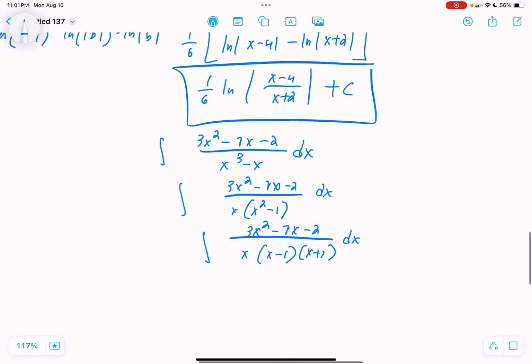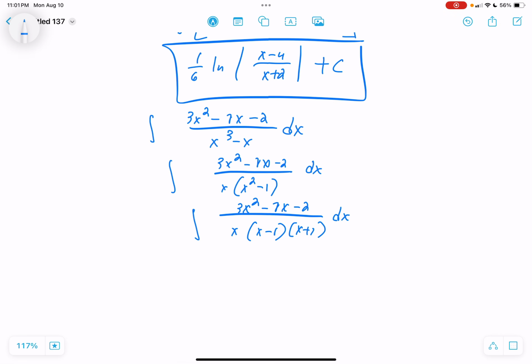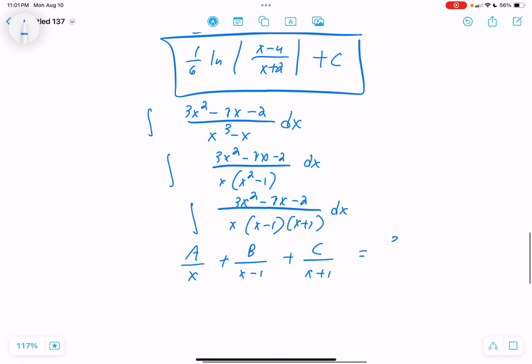Now, I can break this up. I can say a over x plus b over x minus 1 plus c over x plus 1 equals 3x squared minus 7x minus 2 over x times x minus 1 times x plus 1.